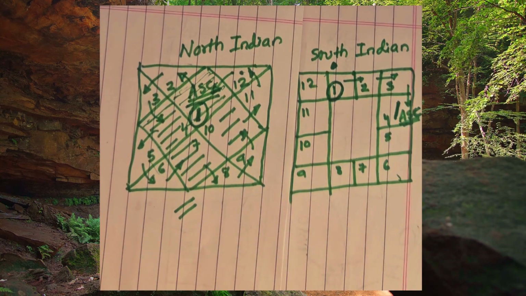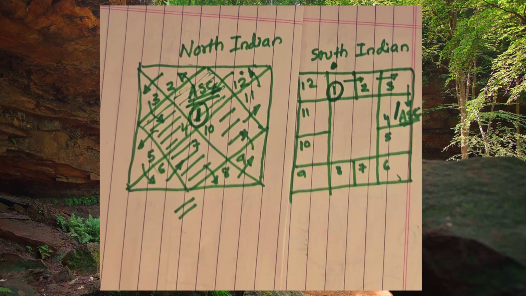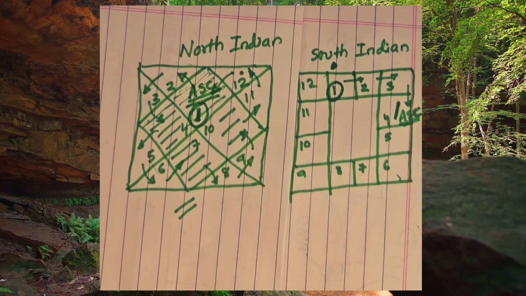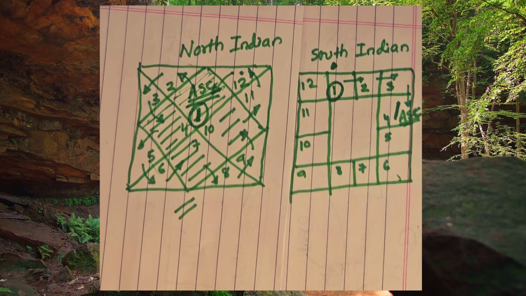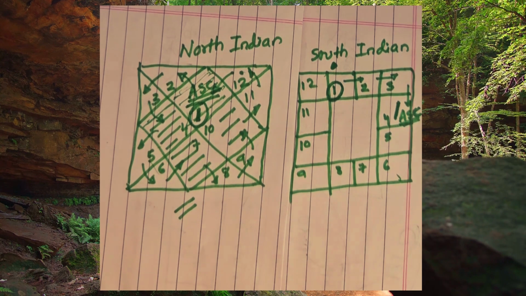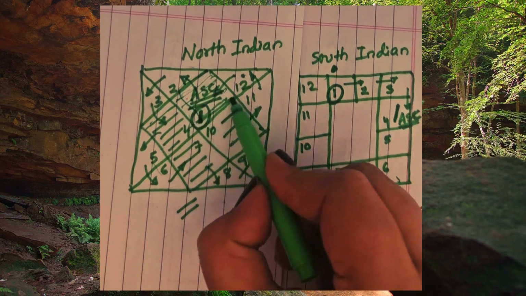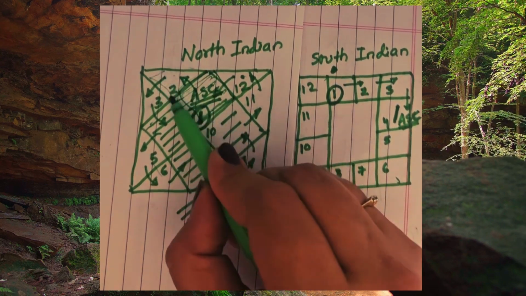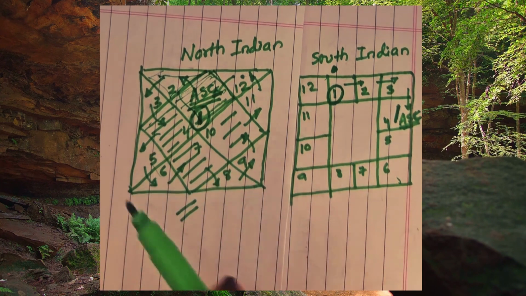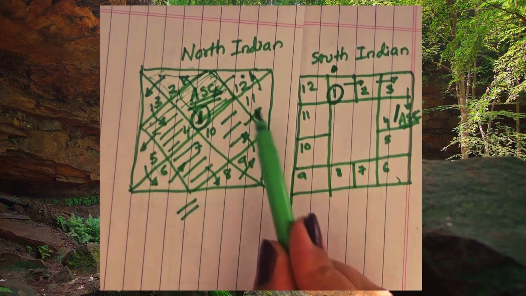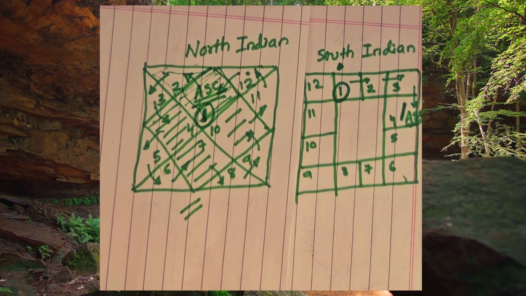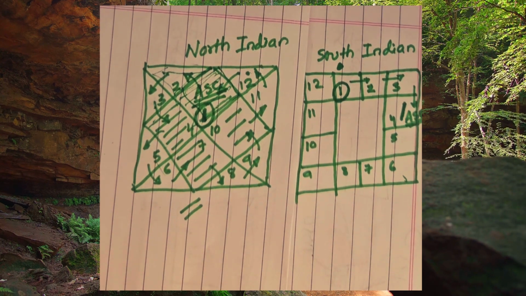So far so good. So these are the houses, or these are the bhavas of a horoscope or birth chart. This is the first house or first bhava. This is the second house or second bhava. This is the third house, and so on. Now, each of these numbers has some names.